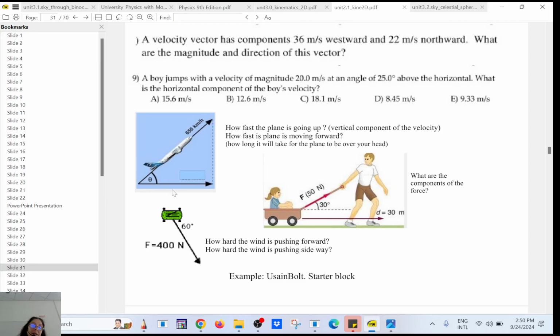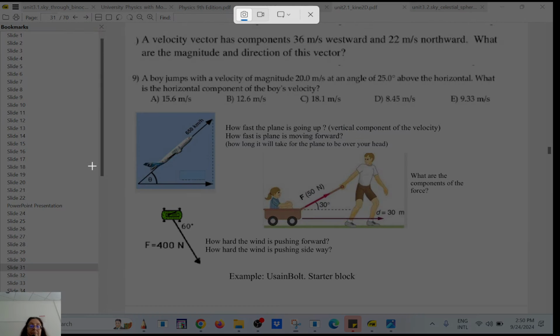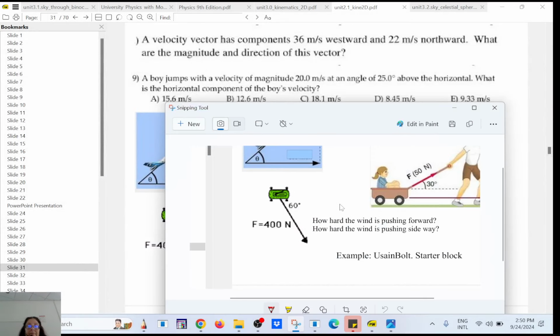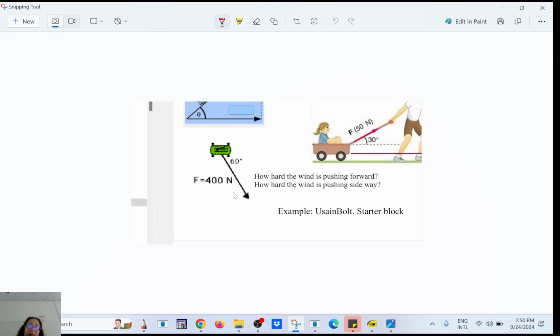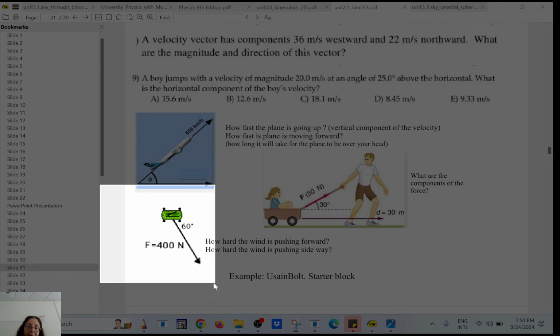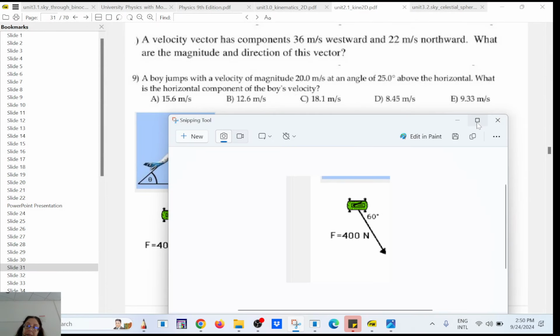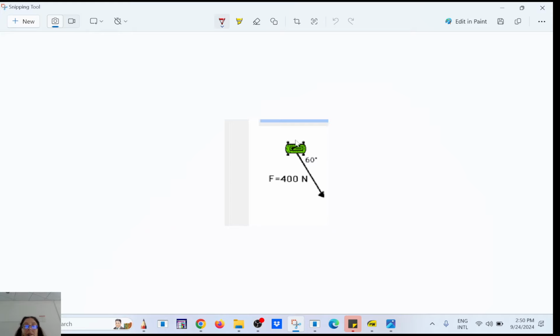So here you have that car. Okay, that's better. You see here you have the sail. You have the sail here.